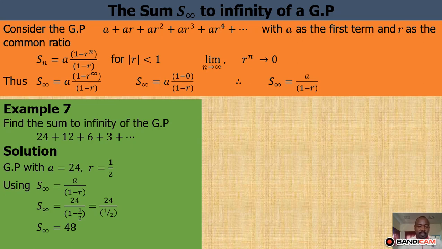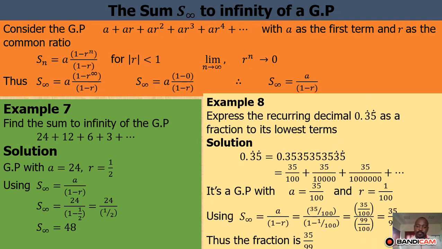Substituting in the expression for the sum to infinity, S infinity equals A over 1 minus R. So S infinity will be equal to 24 over 1 minus a half, which is 24 divided by a half, and this gives us 48. Therefore, the sum to infinity of the series is 48.